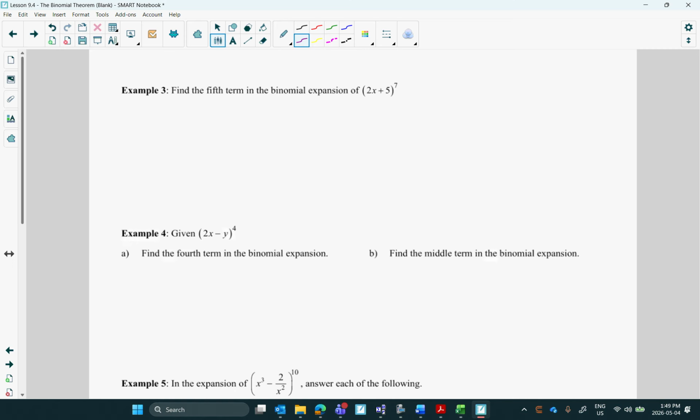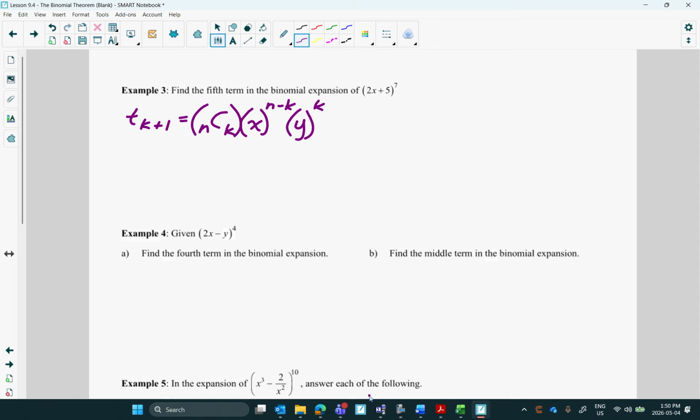Find the 5th term in this expansion. So we're going to use that formula. Okay? t to the k plus 1 equals n choose k, and then whatever the first term is, raised to the n minus k, whatever the second term is, raised to the k.